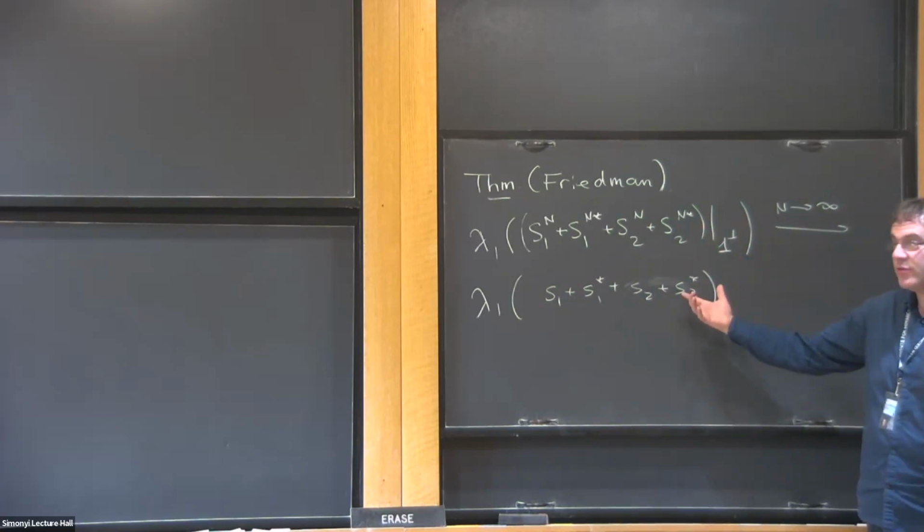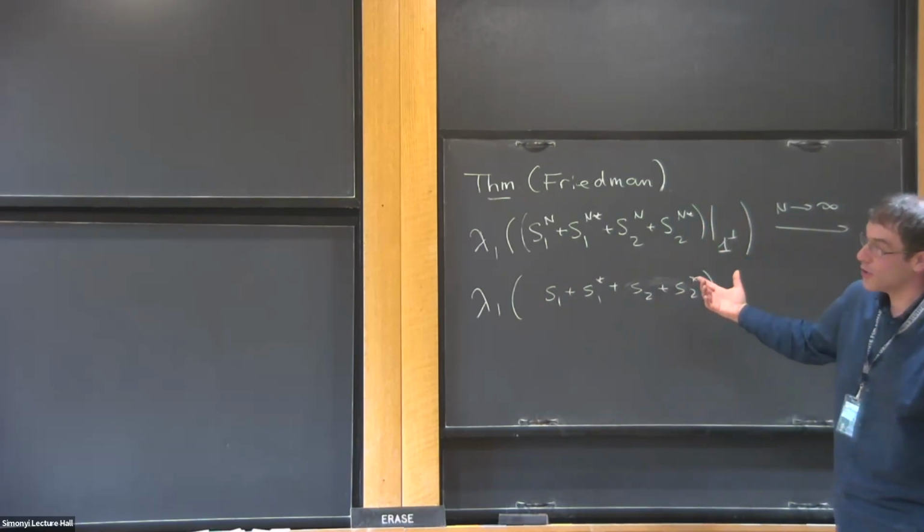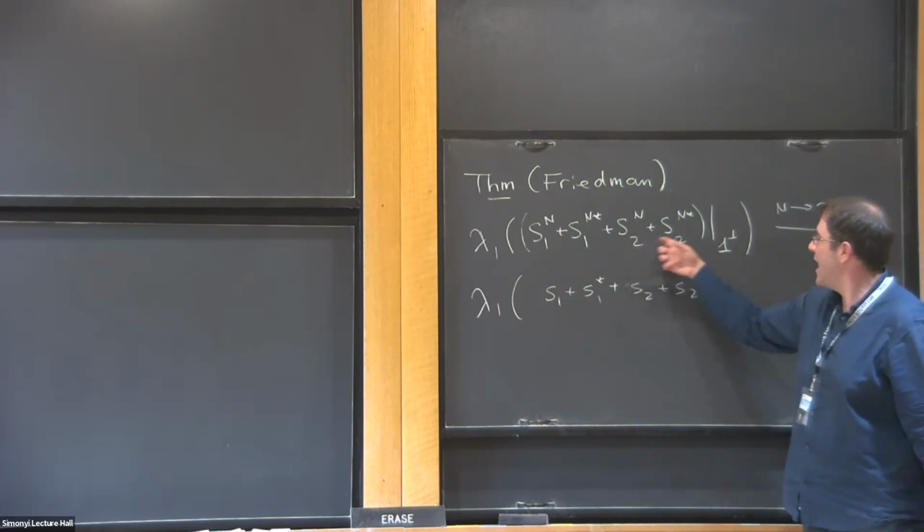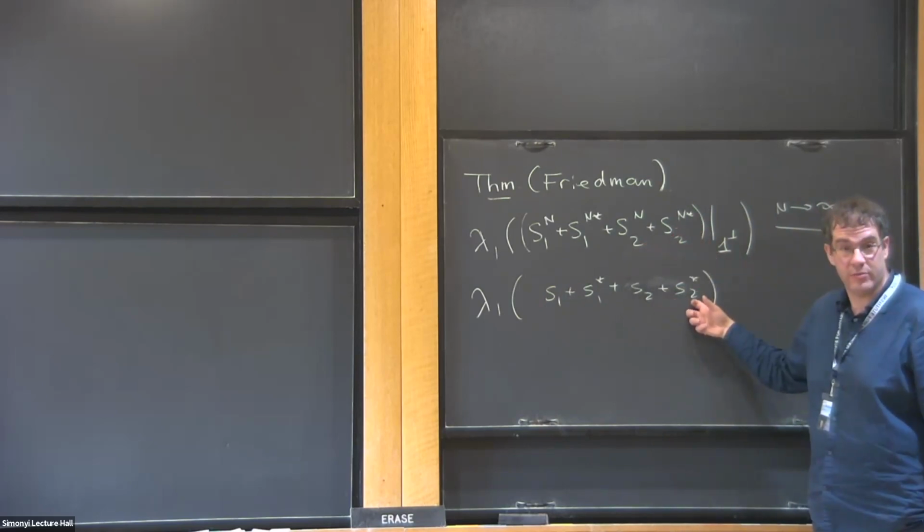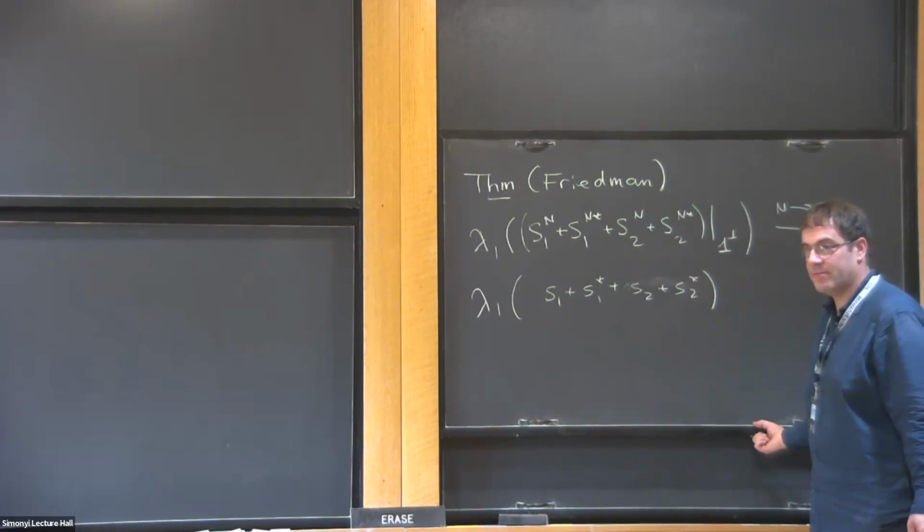It's the same statement as Friedman. Well, for d equals 4. If you want d equals 6, you just add a third permutation. Here you get a third generator. That's it. Does that make sense?